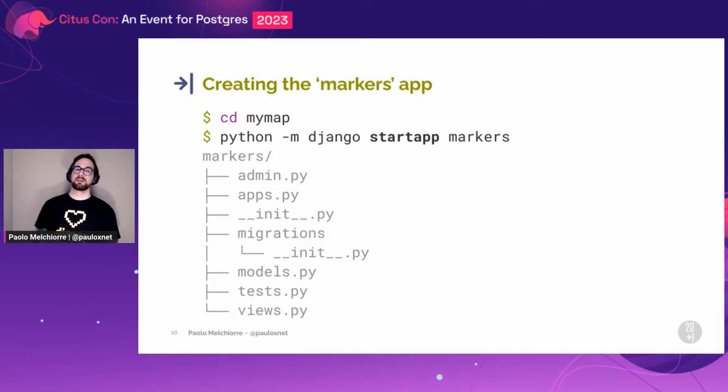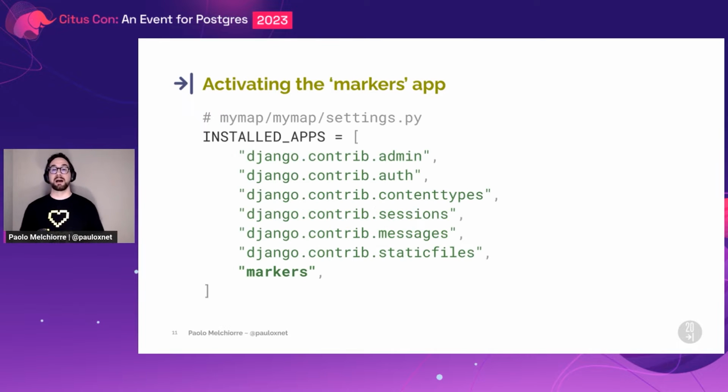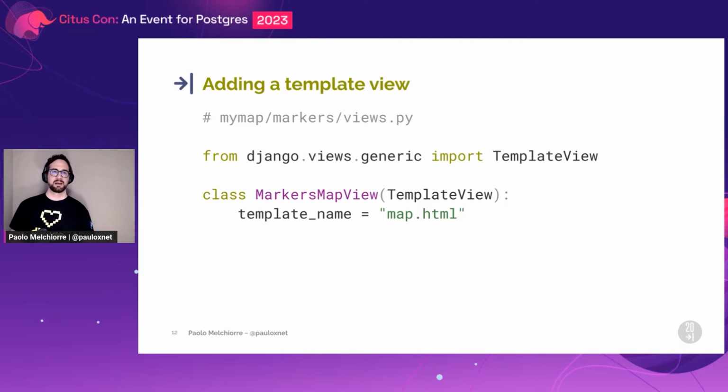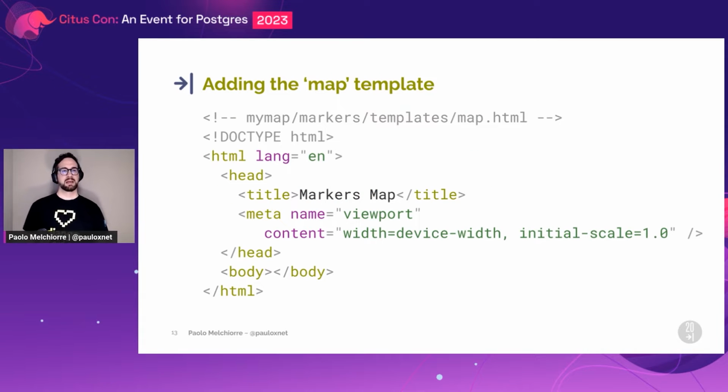Now we have to activate our markers application by inserting its name in the list of the installed apps in the settings file. At this point, we can proceed to insert in the markers views file a new template view for the page of our map. In the markers template directory, we can now create a template file for our map.